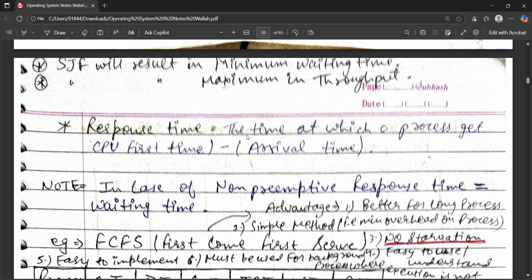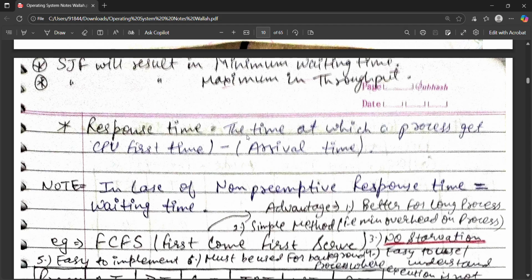I start my execution once the CPU receives me, because execution is a kind of logical computation, and that is done only with the help of the CPU, which has the arithmetic logic unit and memory unit. So my response time is when I get the CPU for the first time minus my arrival time.